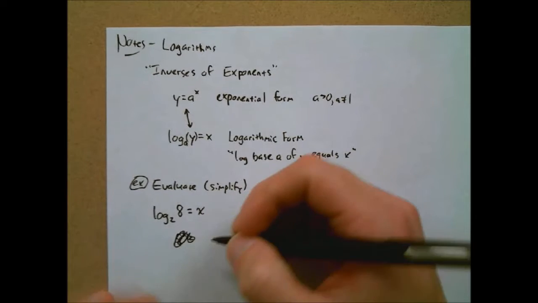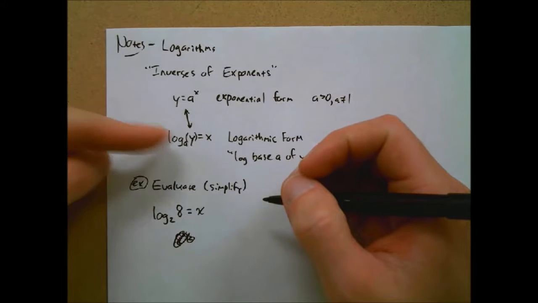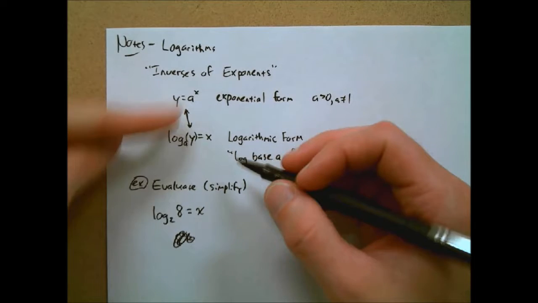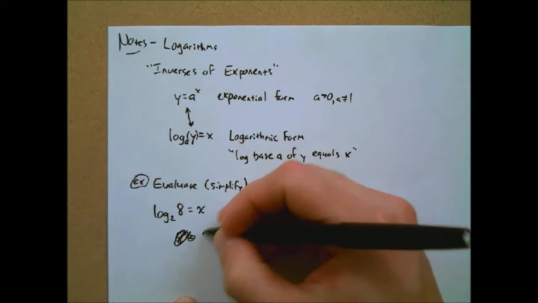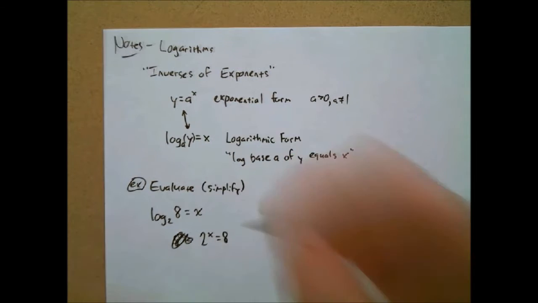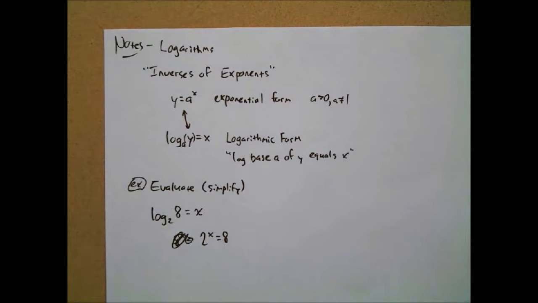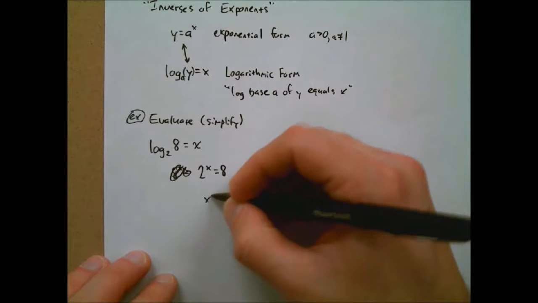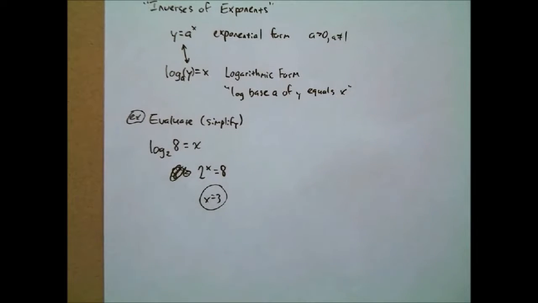The base here, sorry, the a, gets raised to the x power there. So it's 2 to the x equals 8. There we go. Okay. And so Jeff was right? 2 to the third power gives us 8. So x is 3.